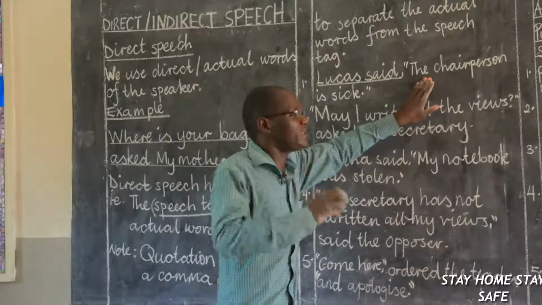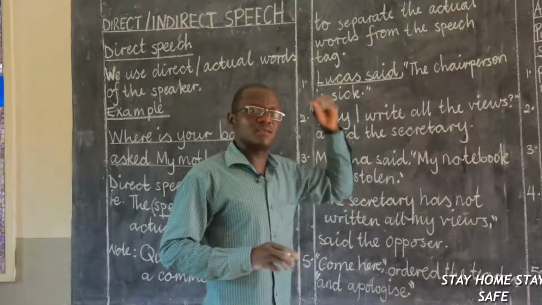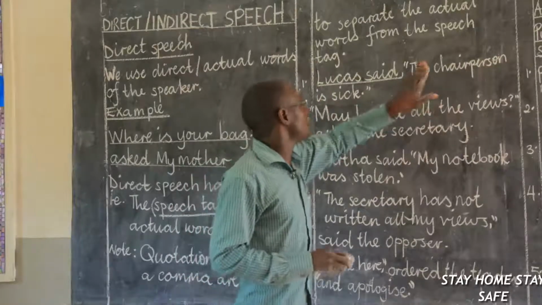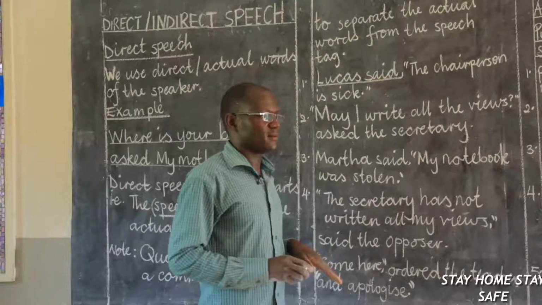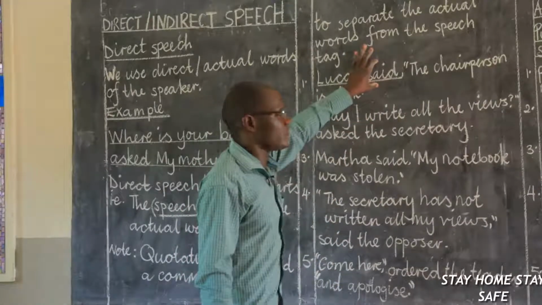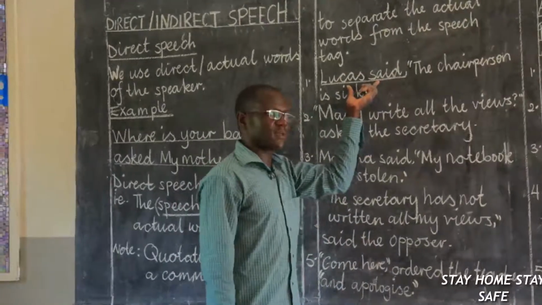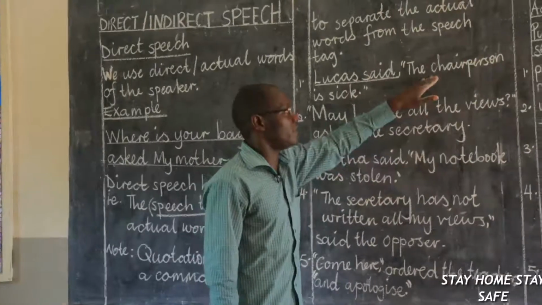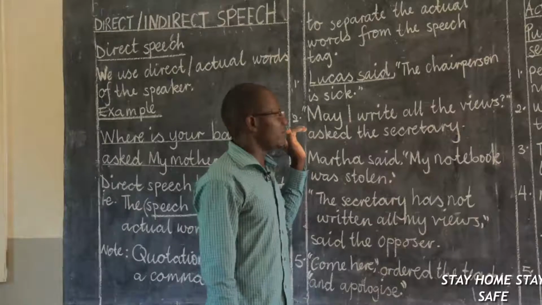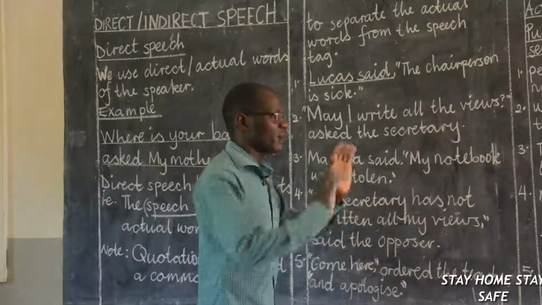We don't mind whether it was yesterday, last year, or the previous year. We say them the way the person said them. So Lucas said, these ones are my words. I am trying to tell you what Lucas said, and I will say the words the way he said them. And this is, the chairperson is sick. So for this case, we are going to separate our words from Lucas's words.